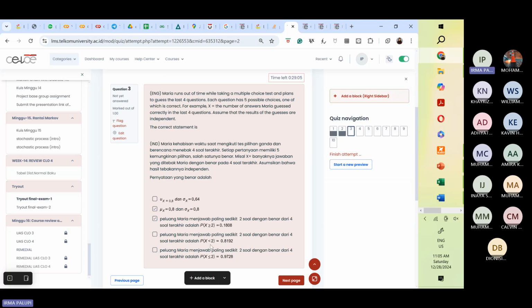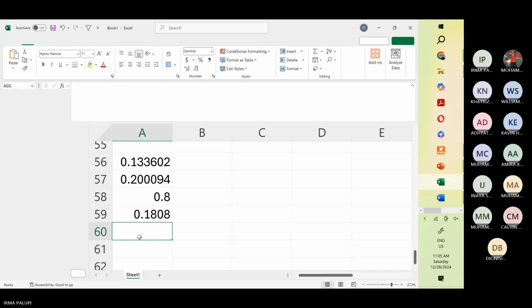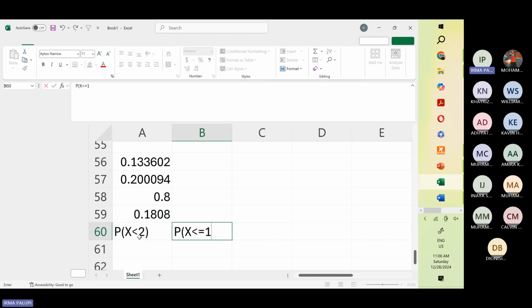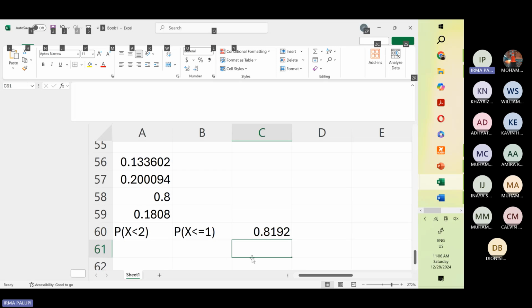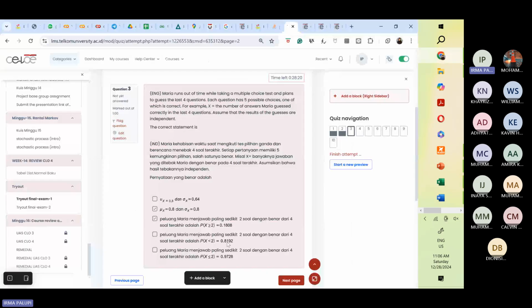Okay, maybe this is not the same. Probability of X less than 2, we need to read the problem carefully. It's less than or equal to 1, right? So it's these two, the distribution of 1. This is 0.8192, also a right answer.